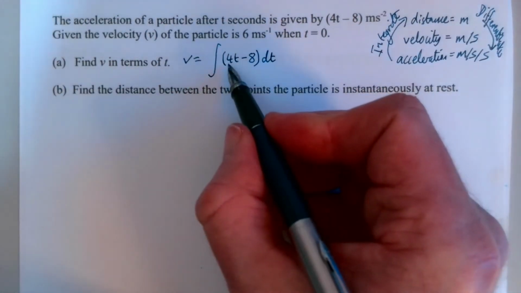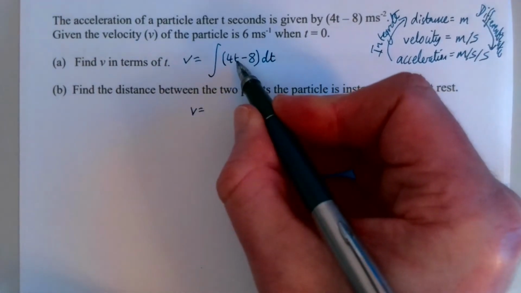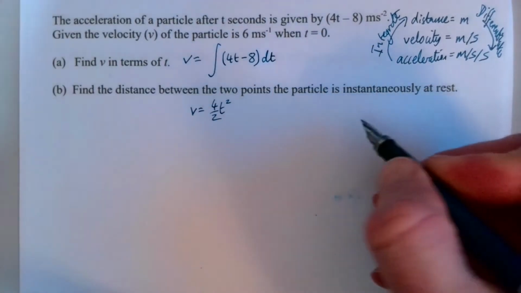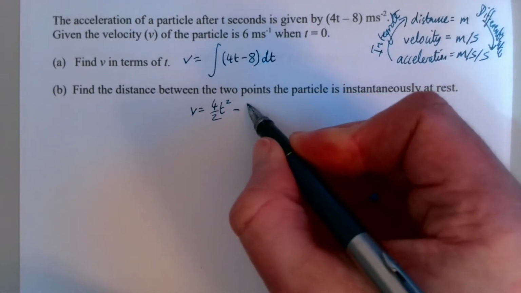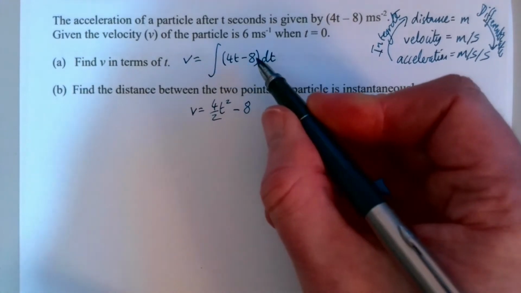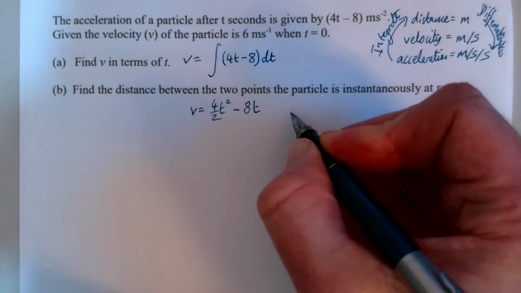So v is going to be, the t is going to go up to t squared, and we divide by 2, and the constant goes up by 1, because that is actually 8t to the power 0 in a way, isn't it? Because that would give you 1. That goes up to t to the power 1.